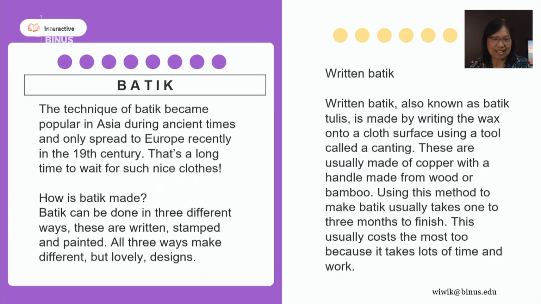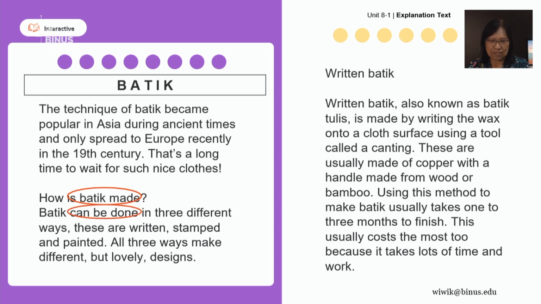Okay, let's see another example. So this one is the continuation. It's still about batik. Please look at the reading text and find the passive construction. The first one is, okay, how is batik made?